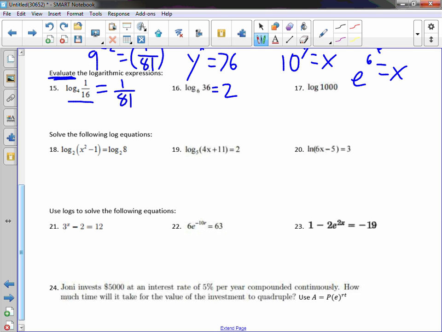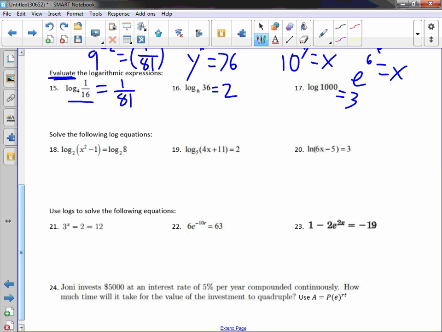And number 17, log of 1,000 equals 3. This may be a time you want to pause if you want to. I know these problems are easy, but just to practice making sure you know how to put these logs in the calculator and get the correct answer, because on the final exam I cannot help you punch stuff in the calculator. So although it seems easy, make sure you know what you're doing.